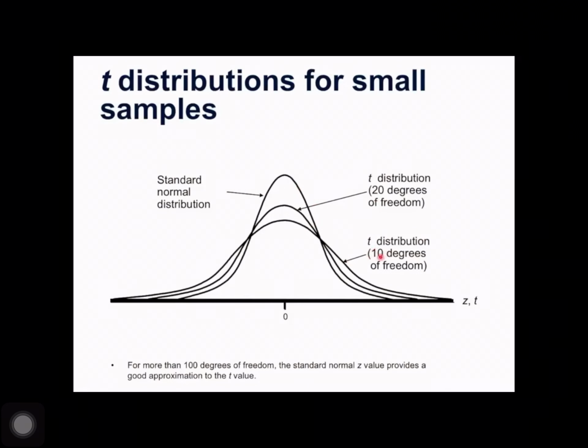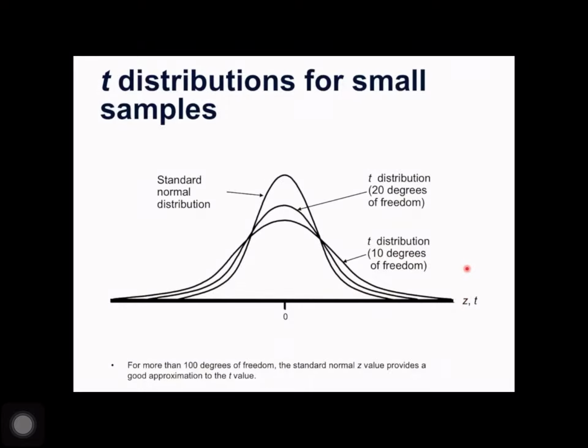What's happening is when it has 10 degrees of freedom, it's a bit wider, a bit fatter on the sides, which is going to accommodate more variability because we're less confident, because there's usually a really small sample here. If we have 10 degrees of freedom, we probably only have about 11 folks in the sample. Here we'd have about 19 folks. And so there is a relationship, and as we get very large samples, the t-distribution and the z-distribution pretty much converge, and so we end up just using the z.